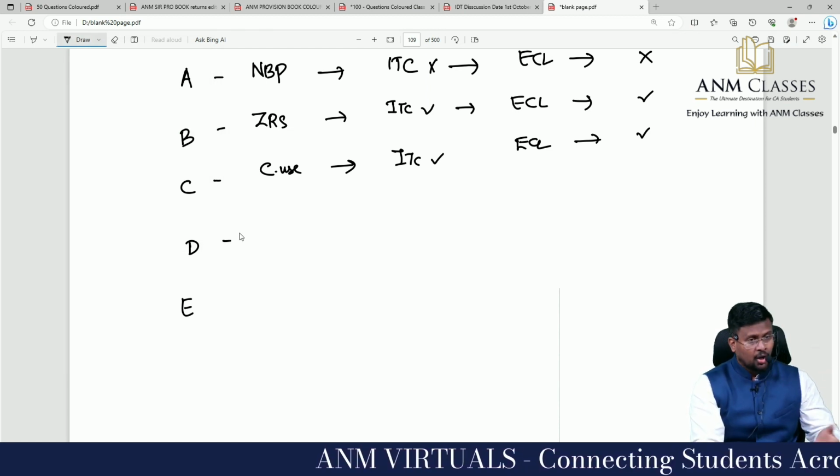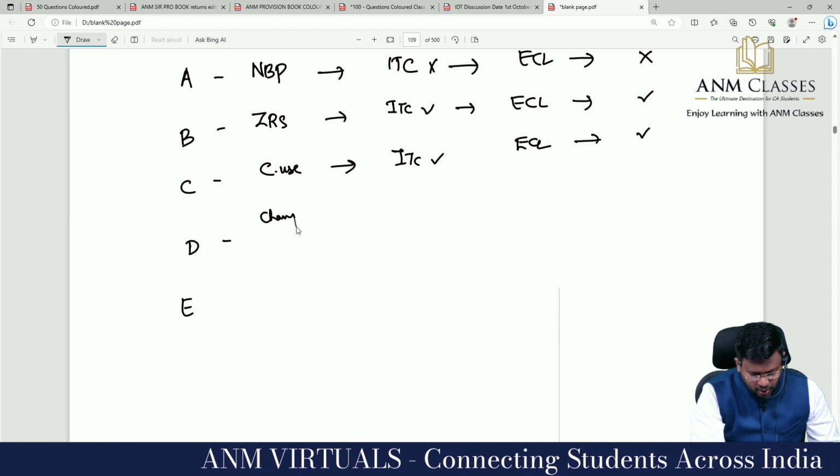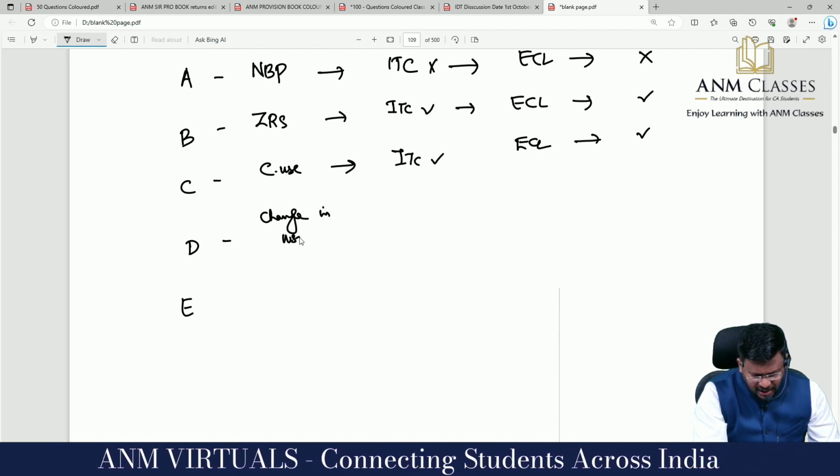Change in use. Sir, change in use ல முன்னாடி எதுக்காக யூஸ் பண்ணீங்க?